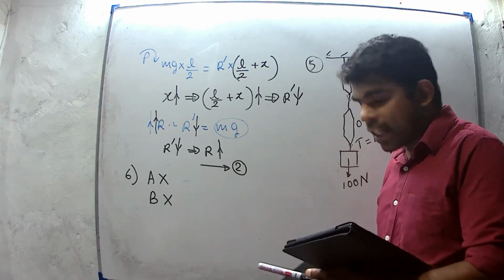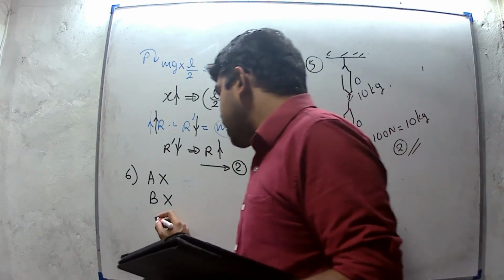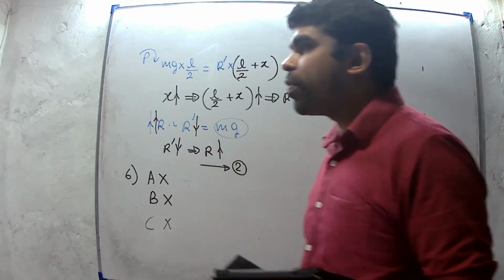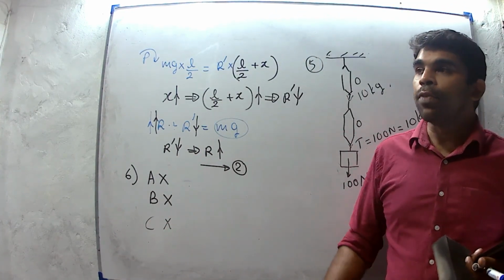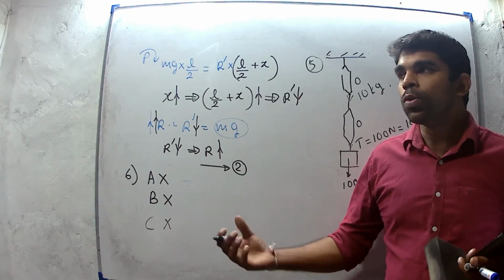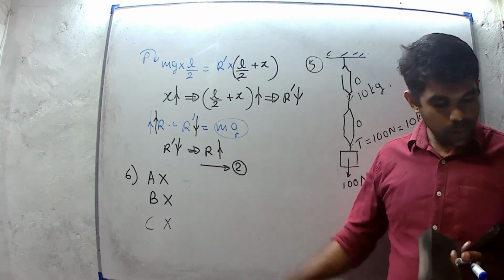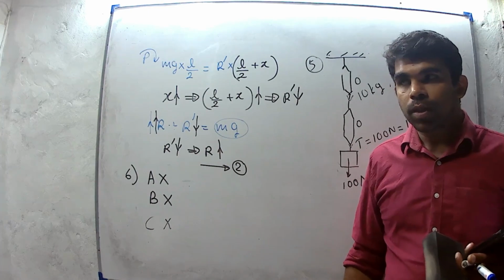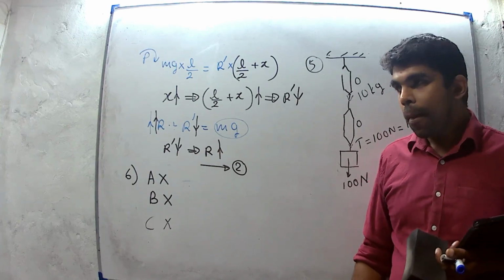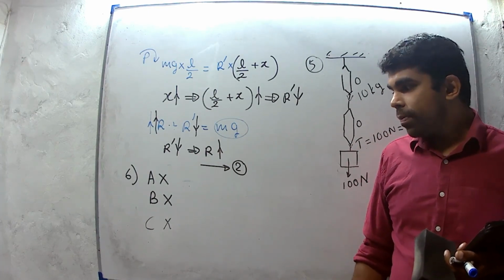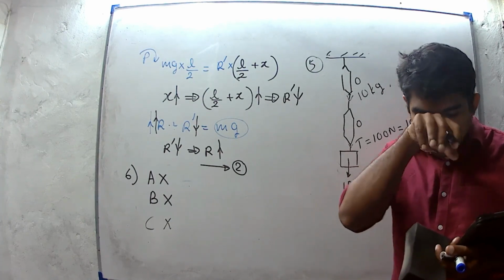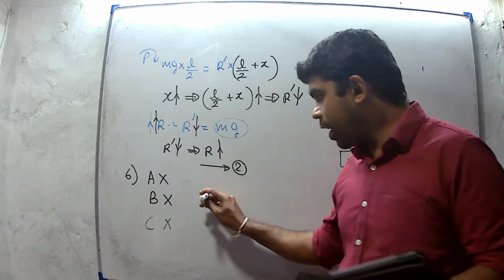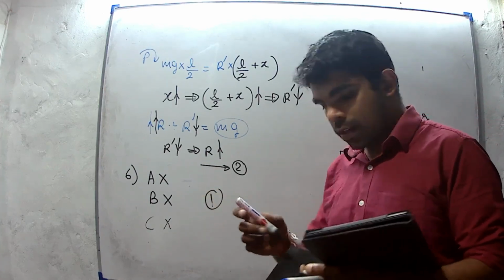No, we can't take it as a correct statement because we can't conclude the resultant force is 0 due to the resultant torque being 0. Then A, B, C are all false. Answer 1 is correct for question number 6.